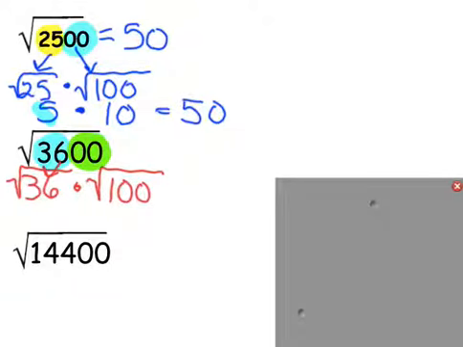And the reason I'm doing that is because, remember, 36 times 100 is, in fact, 3,600, which is what I have in my square root sign. So that's why I'm doing this.